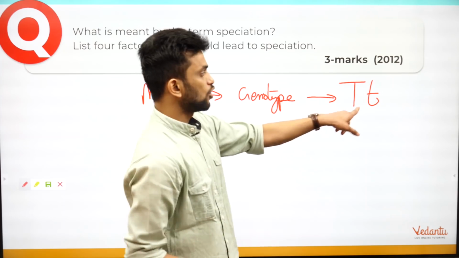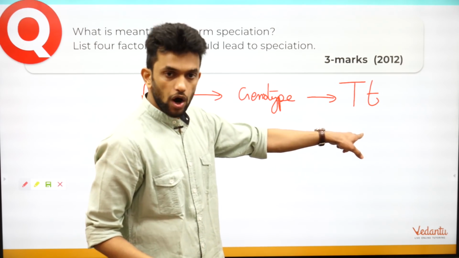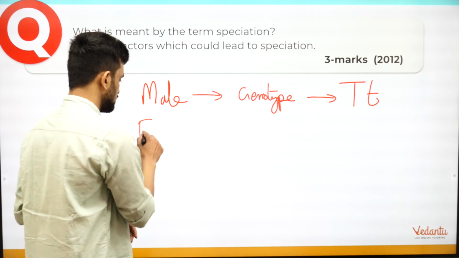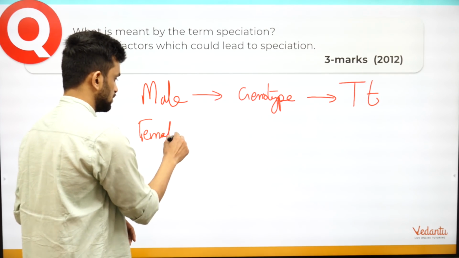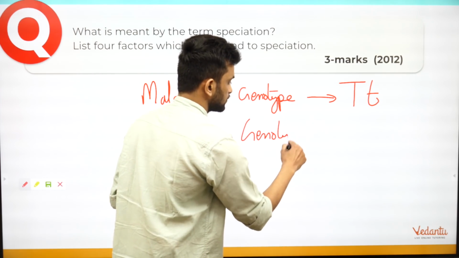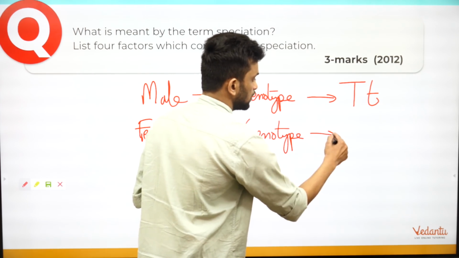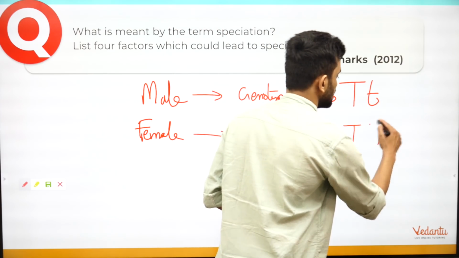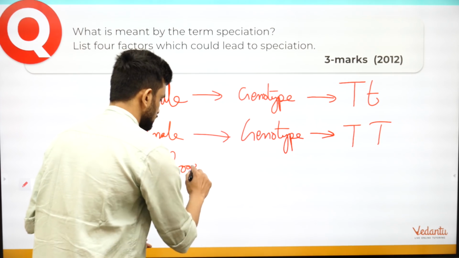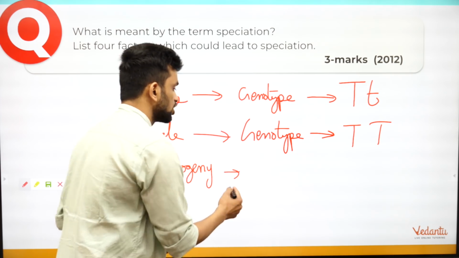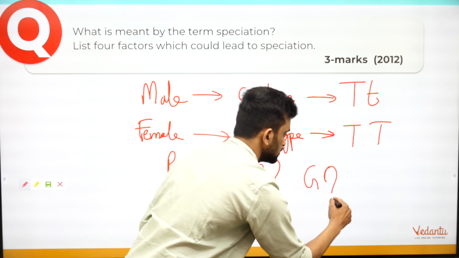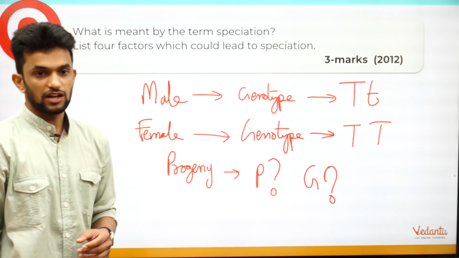Capital T is tall, small t is dwarf, and tallness is dominant. There is one female who has a genotype T and T. Question is, progeny, what will be their phenotype and what will be their genotype? This is the question.